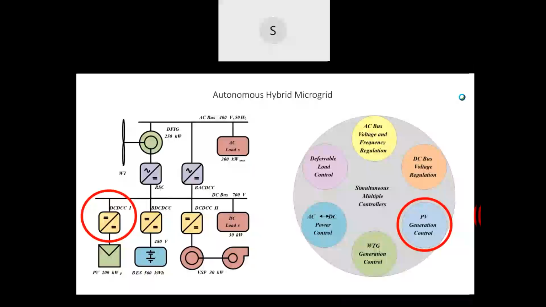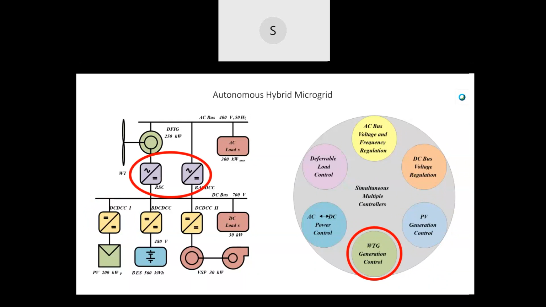Next, the PV generation control. This converter is an AC-DC converter. That is, as I told you, the optimal power point tracking of the PV. And wind turbine generation control. Here, as I told you, it can be pushed into super-synchronous mode or into subsynchronous mode. That depends on the availability of power, which means wind speed.